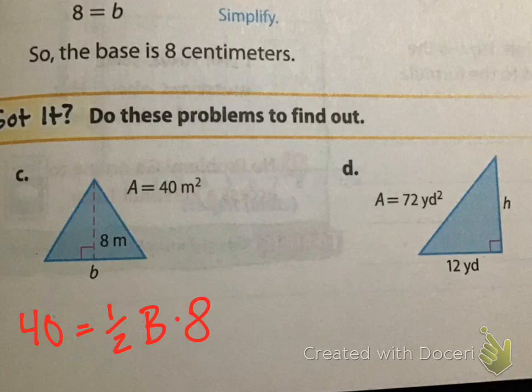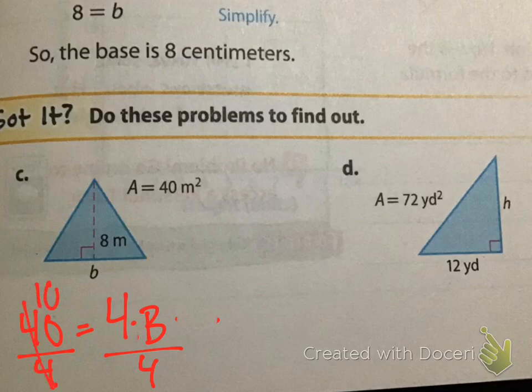Here, what's 1/2 times 8? What's 1/2 times 8, Hannah? Perfect. Half of 8 is 4. So I'm going to make those go away. And instead, I've got 4 times b equals 40. If we divided each side by 4, we'd get 10 equals b.